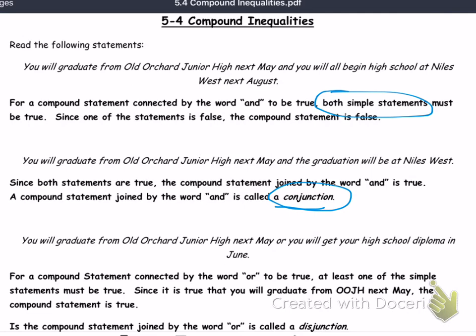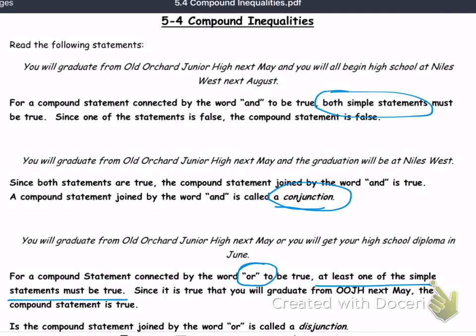Now, the next one says, you will graduate from Old Orchard Junior High next May, or you will get your high school diploma in June. For this word OR to be true, at least just one of the simple statements must be true. It doesn't need to be both.